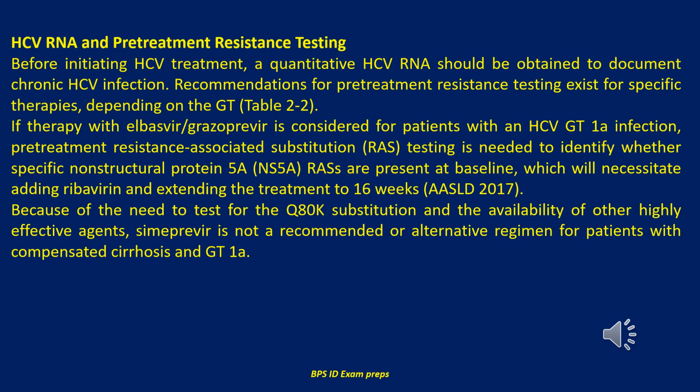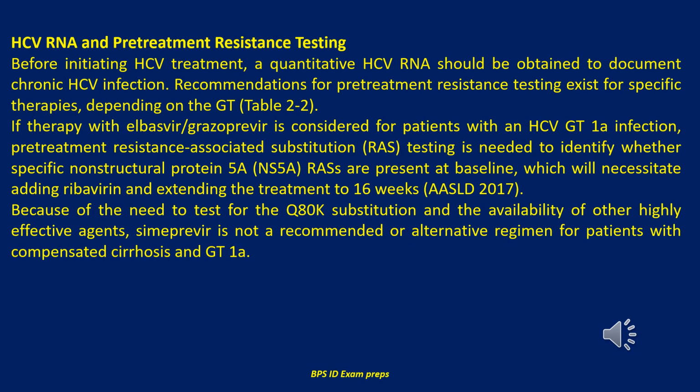If therapy with elbasvir with grazoprevir is considered for patients with an HCV genotype 1A infection, pretreatment resistance-associated substitution, abbreviated as RAS, testing is needed to identify whether specific nonstructural protein 5A (NS5A) RASs are present at baseline, which will necessitate adding ribavirin and extending the treatment to 16 weeks, according to the AASLD 2017.